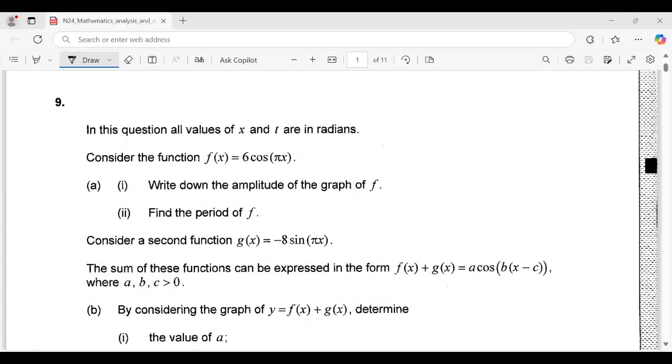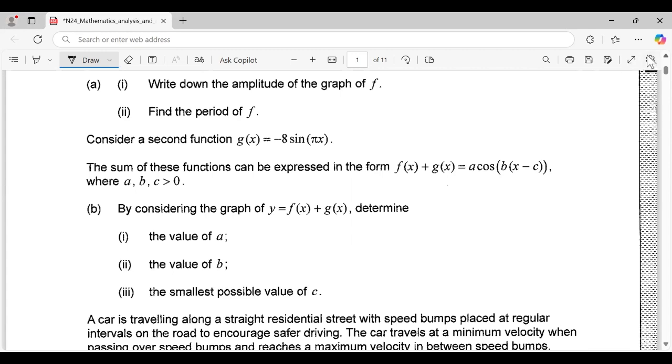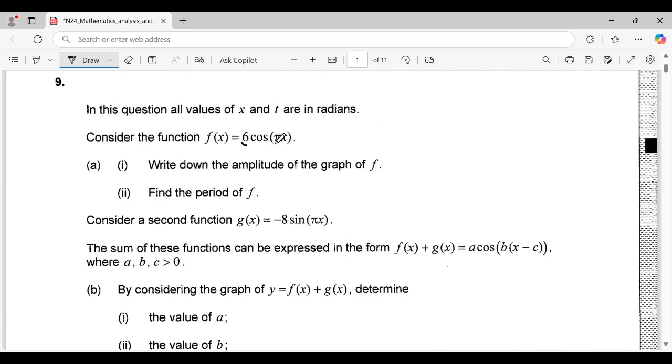Number 9. In this question, all values of x and t are in radians. Consider the function f(x) equals 6 cosine pi x. Write down the amplitude of the graph. On the function, the amplitude is actually this one, 6. And pi is part of the period.